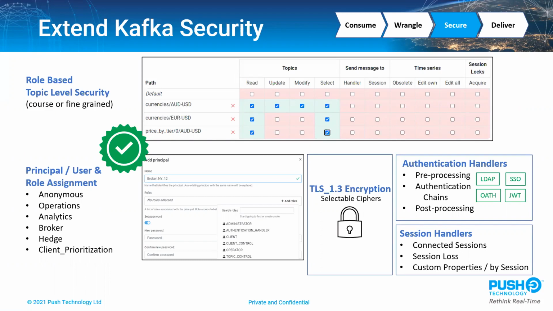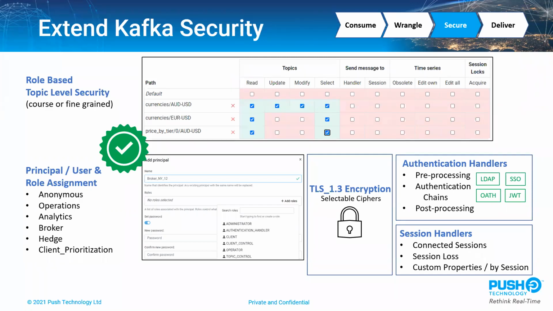I may want to have security that allows the ability to select that data, right? You can't really do anything until you can select that data. Maybe specific users, different operational, different DevOps, et cetera, different environments, have the update capabilities, modify capabilities.